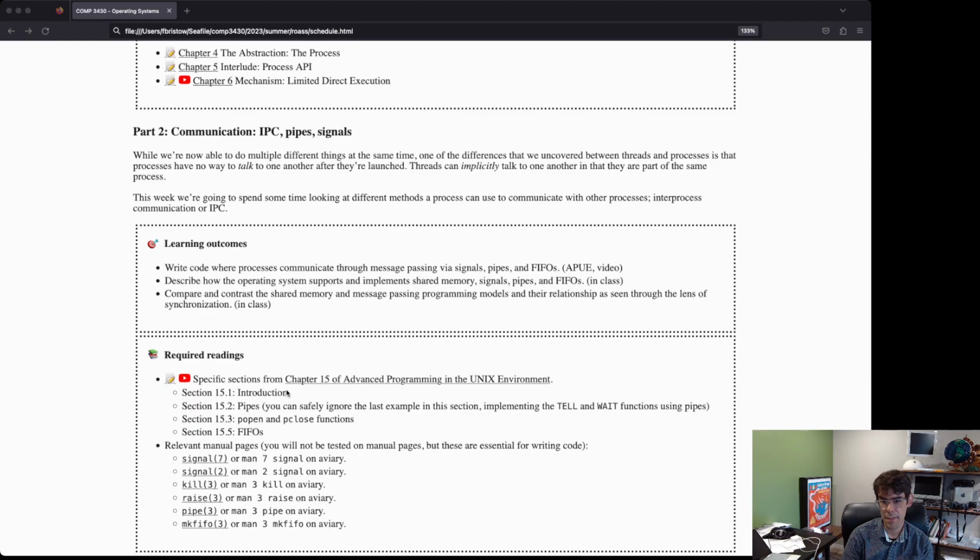But this is also things like read. I'm going to call read on a pipe or on a file descriptor, and I cannot proceed until there's actually something there for me to read, so until somebody else has written to that pipe. We also saw this in the form of signals, where we can use signals to enable synchronization.